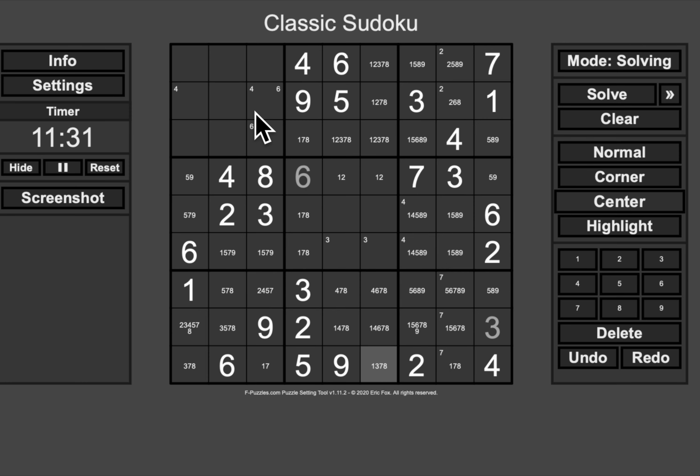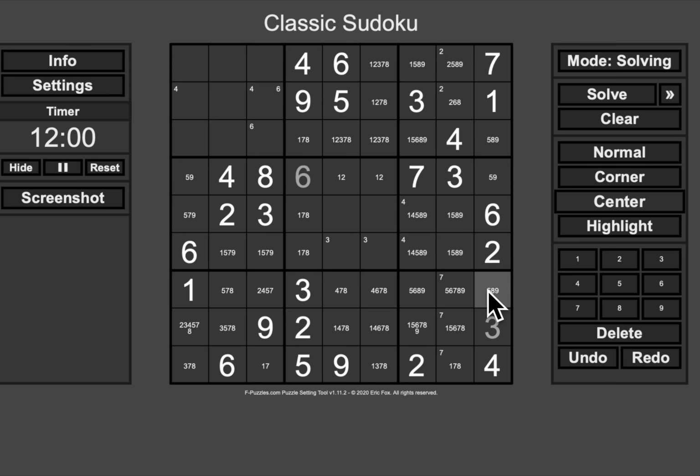I know nothing about box 1, and I barely know anything about box 5. Let's see, 1, 2, 3, 4, 6, 7. Excuse me. 1, 3, 4, 6. 1, 2, 3, 4, 6, 7.